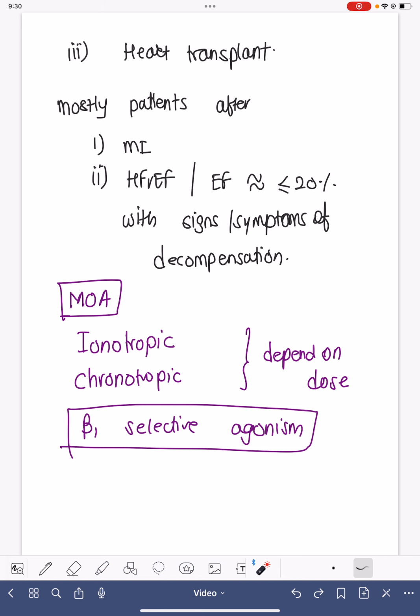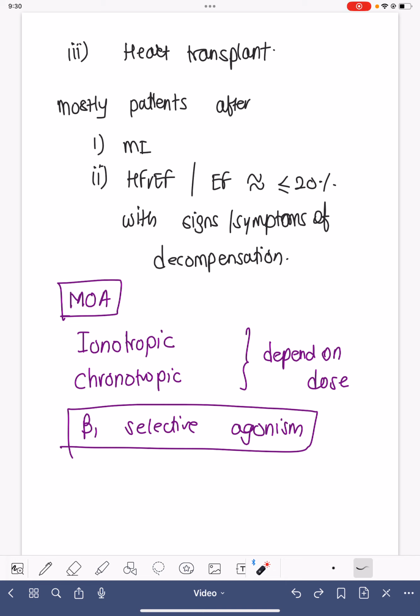Now, this is used mostly for patients after MI, or for those patients who are known cases of reduced ejection fraction and with signs or symptoms of decompensation, where there is low blood pressure, low cardiac output, and reduced urine output, which is a sign of reduced cardiac output, reduced blood pressure, or reduced contractility of the heart.